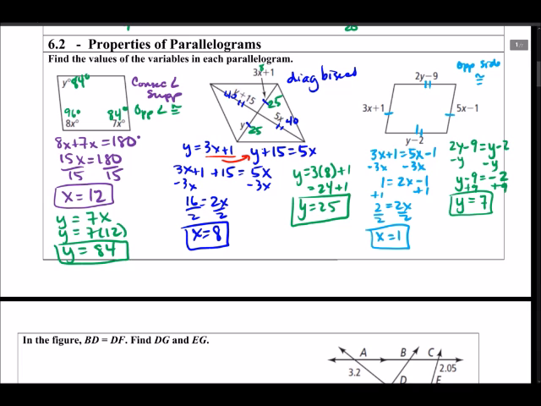And if we put it back in, we're going to get the same answer. 2 times 7 is 14, minus 9 is going to be 5, and 7 minus 2 is 5. And if I do my x's, 5 times 1 is 5 minus 1 is 4, and 3 times 1 is 3 plus 1 is 4. So our sides are congruent. All right, that's just a matter of doing algebra based on our properties of parallelograms.